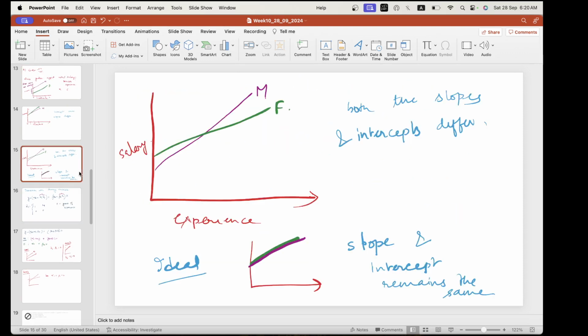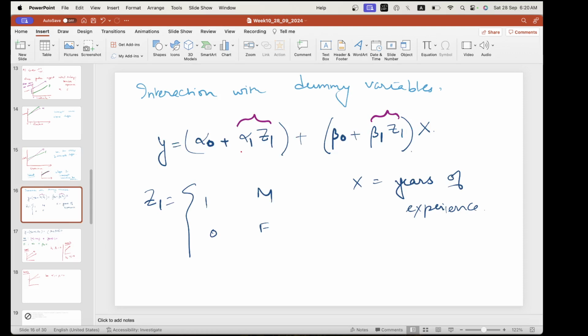Alright, so these are the different ways we can model interactions to get these kinds of plots. This is actually how we can use dummy variables to incorporate interaction with another x variable which could be continuous in nature. So here what are we doing? We are using this interaction term with the intercept coefficient or with the x coefficient.